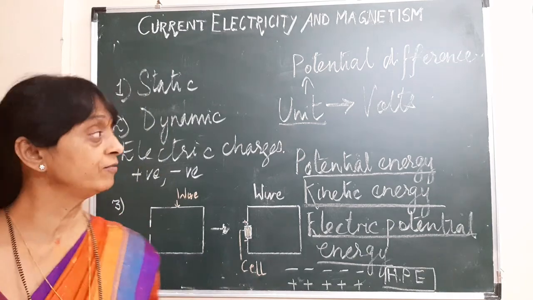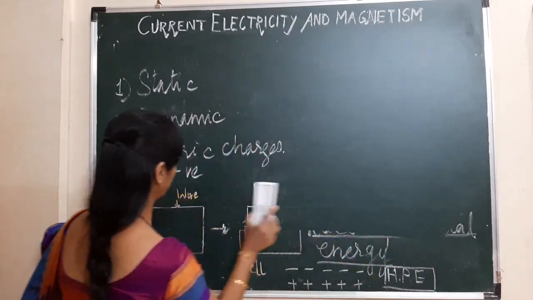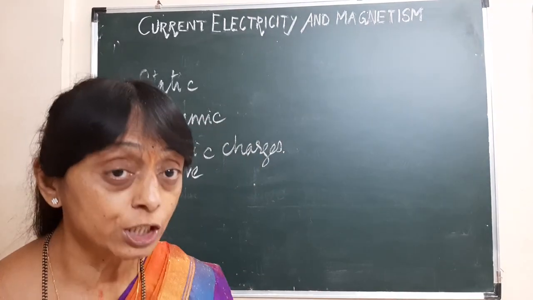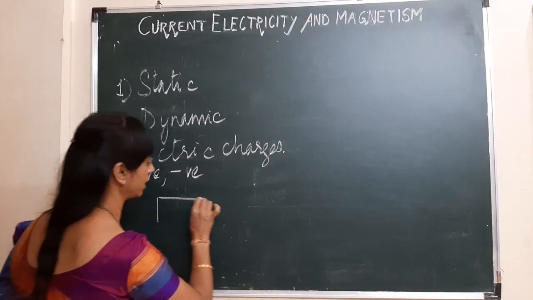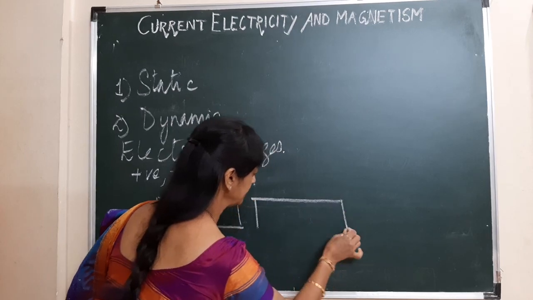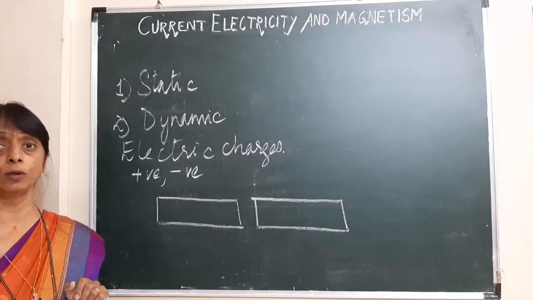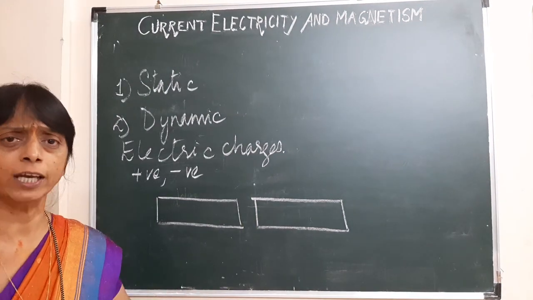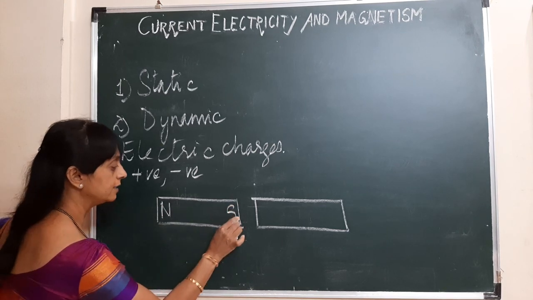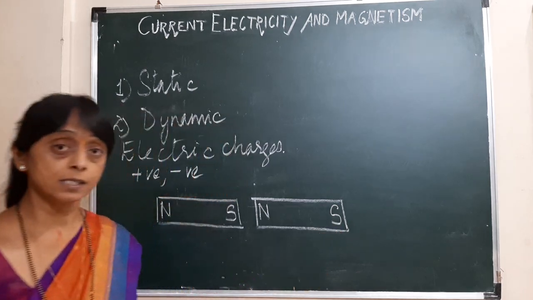When we take two magnets close to each other, what do we observe? We know that magnets contain two poles. One is the north pole, the other the south pole, for any bar magnet that you take.